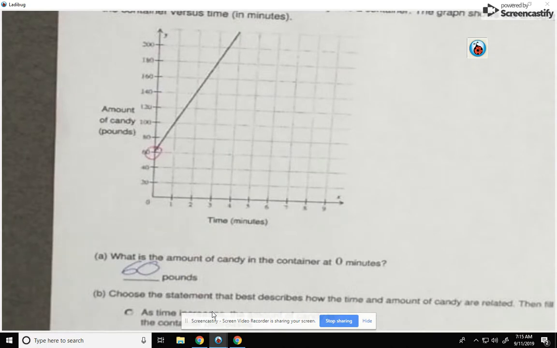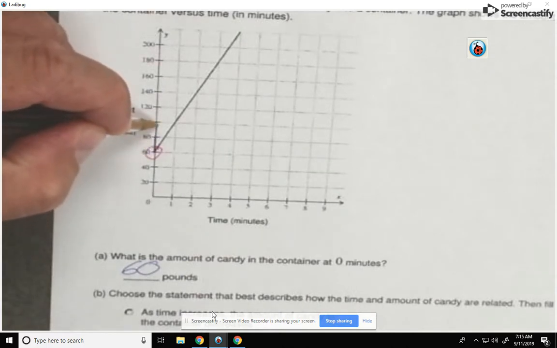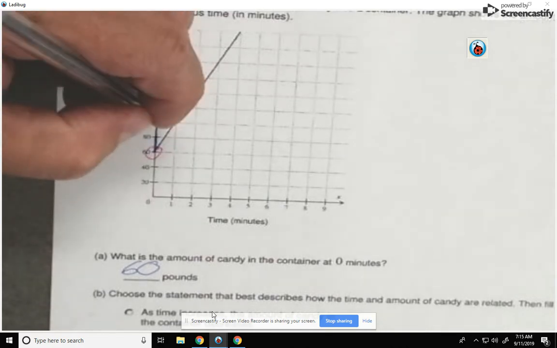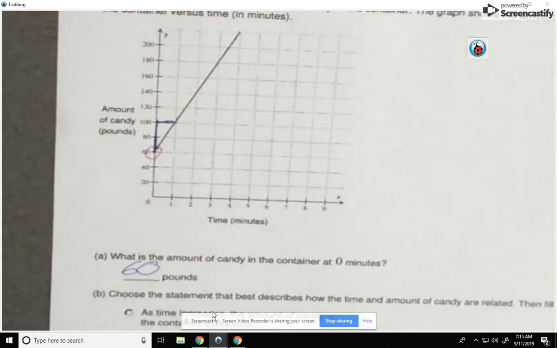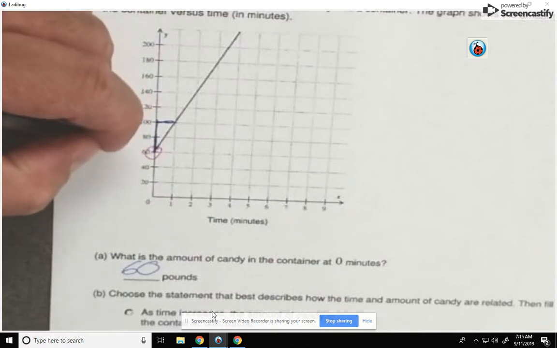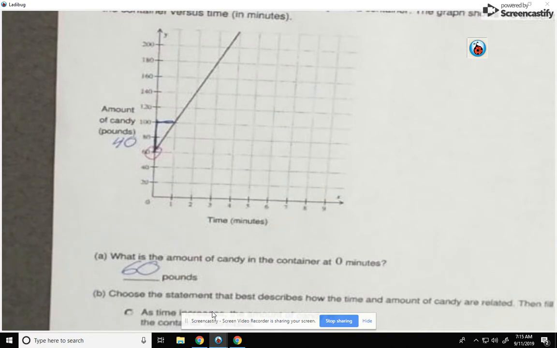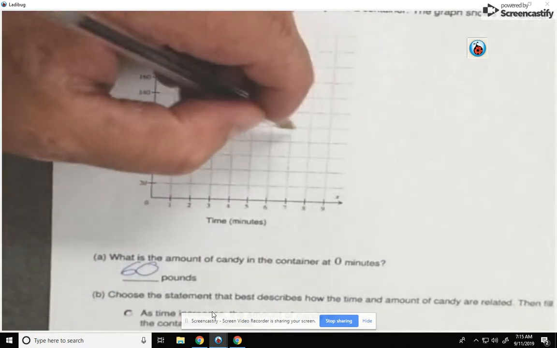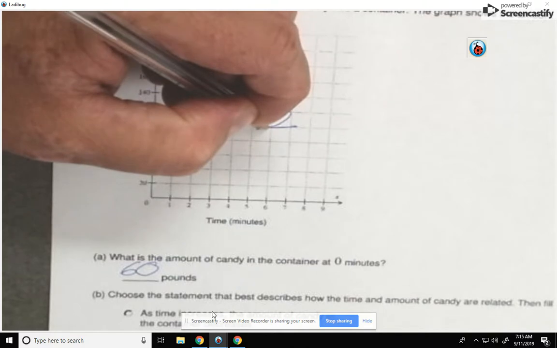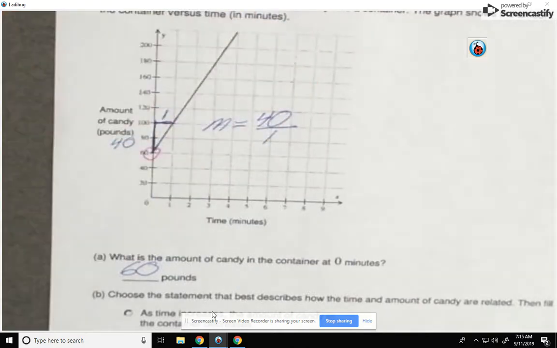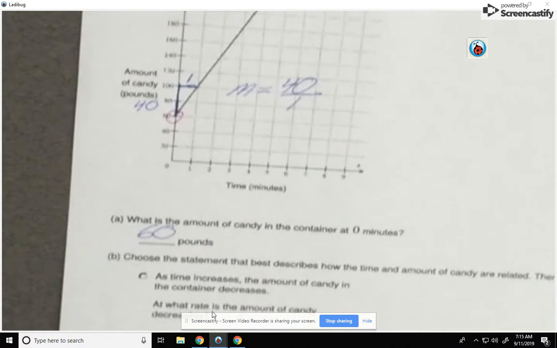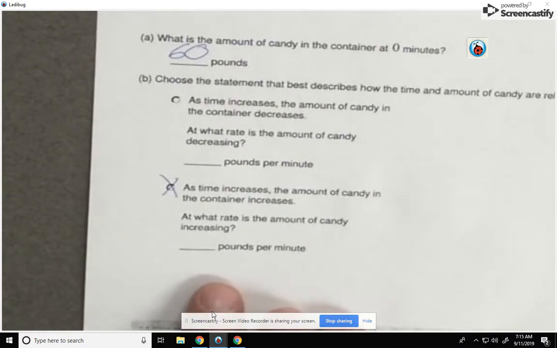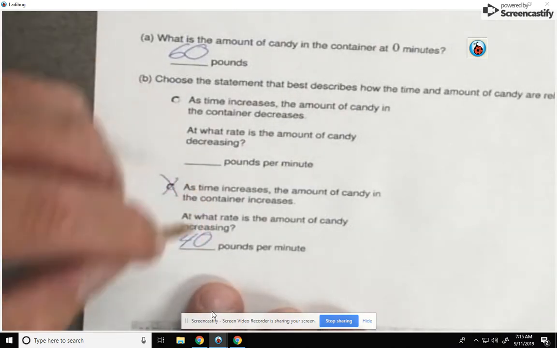So again, if we go back to our graph, and we look here like we did in question 1, we go from 60 to 100, so that means our y is changing by 40. We go from 0 to 1 minute, so our slope again is change in y over change in x, so we get 40 over 1, which is of course 40. Therefore, our second part of our answer here is that it changes at 40 pounds per minute.